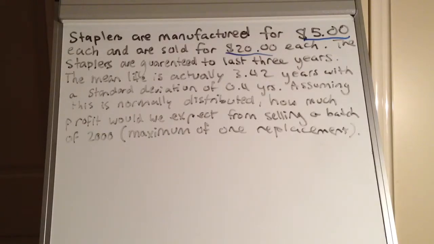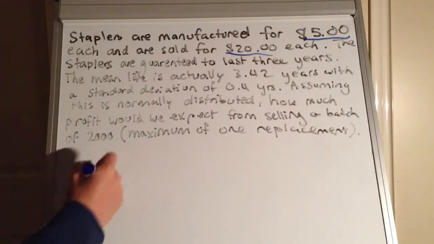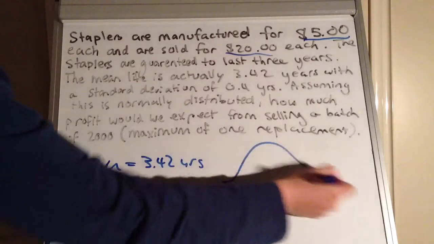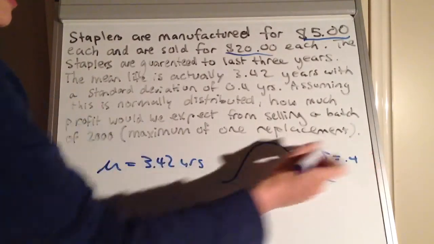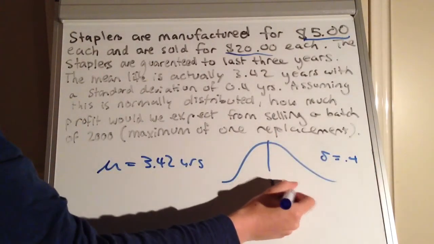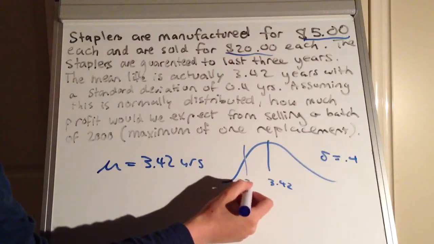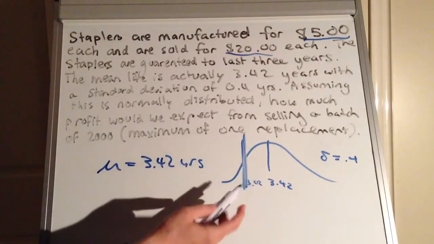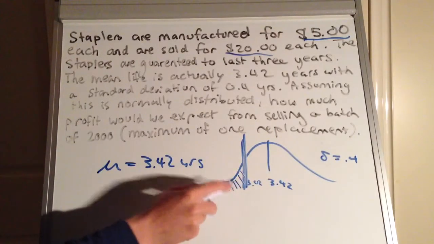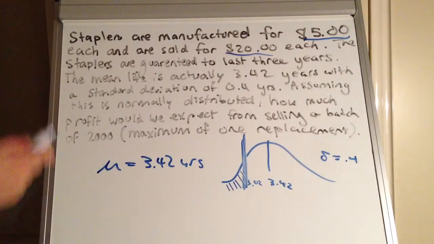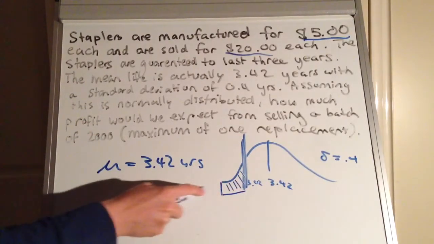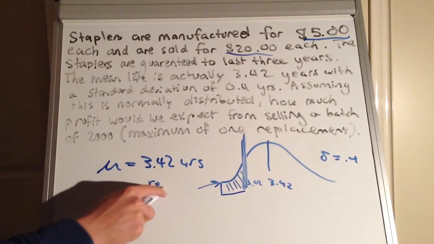Right before you go and consider what that actually means, if the mean is 3.42 years and the standard deviation is 0.4 years, then you know you're going to be looking at just under 1 standard deviation below the mean as being the boundary line for the proportion that needs to be refunded because they're faulty.